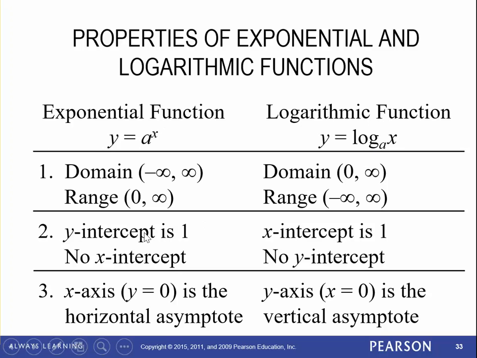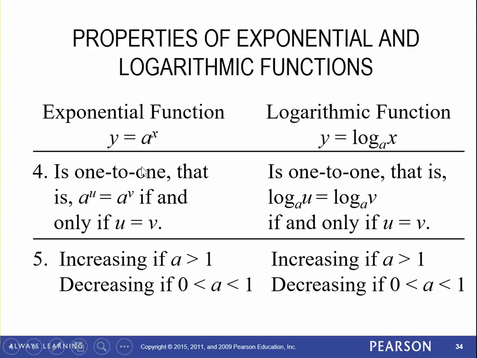Alright, so exponential functions have a y-intercept of 1. Therefore, the logarithmic functions would have an x-intercept at 1. As we talked about earlier here, exponential functions have a horizontal asymptote, logarithmic functions have a vertical asymptote. They are both 1 to 1. Again, that has to be the prerequisite in order for them to be inverse functions of each other.